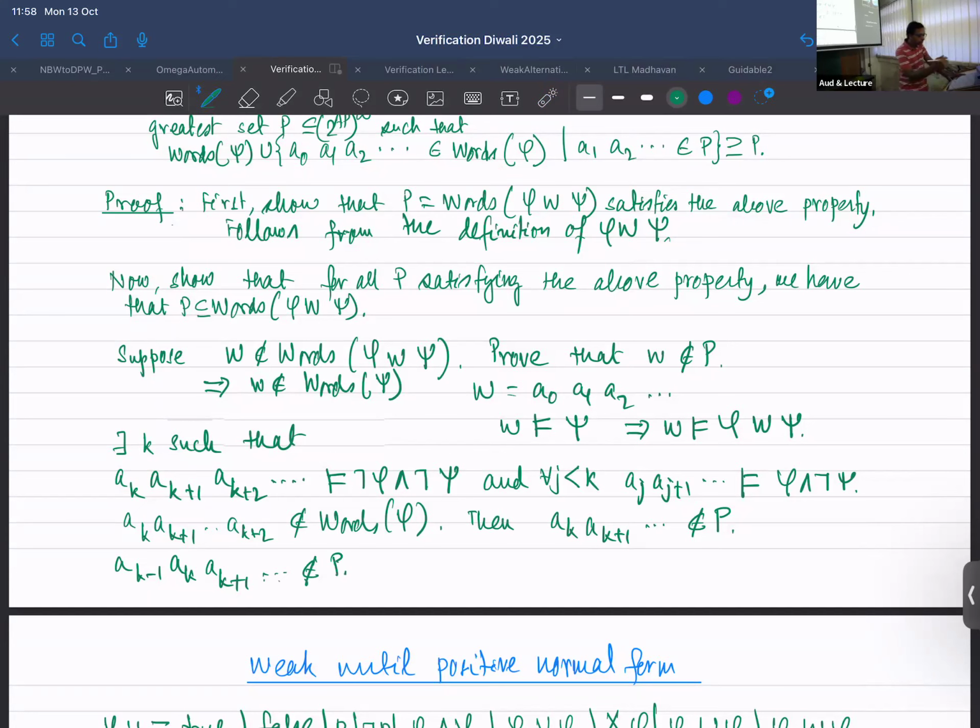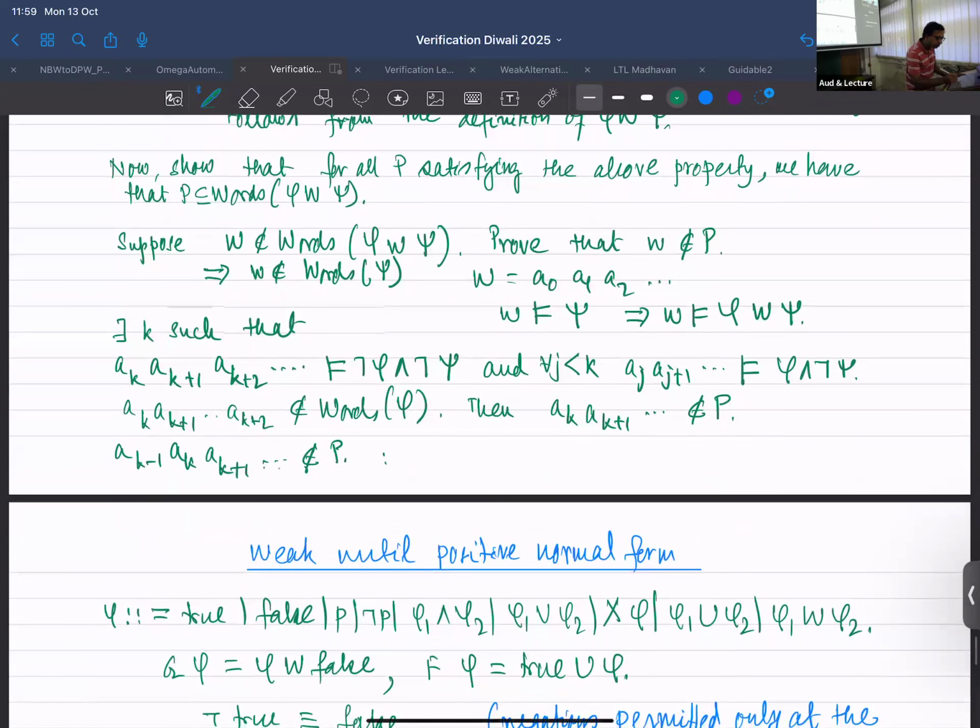Correct? So you can apply this a finite number of times, another k minus 1 times or so, and if you just repeat this, you get that A0, A1, and so on does not belong to P. So what did we prove?